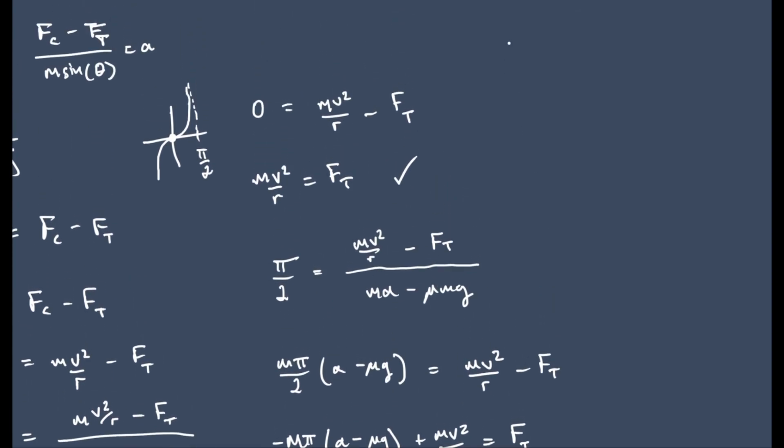So I'll bring my cursor up here now, and if we factor an m out now, we get v squared over r minus pi over 2 times a minus mu g. All right, so I factored an m out of this term and an m out of this term, and that equals our force, our ft.